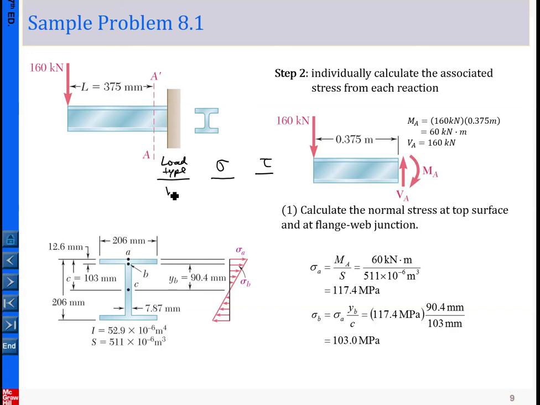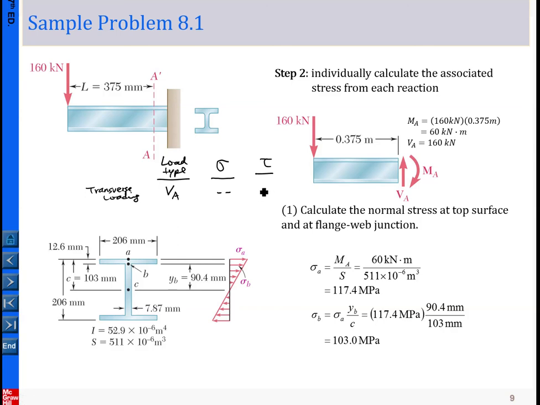The first one is a force, and that is VA here. This is a transverse loading, and we know transverse loading does not contribute any normal stress, so not available.